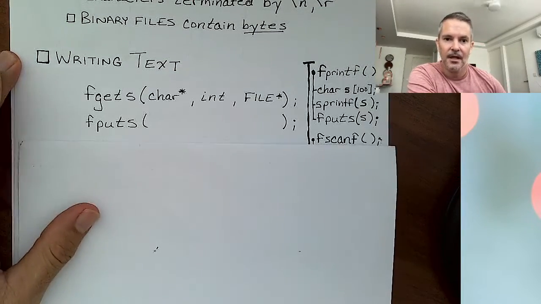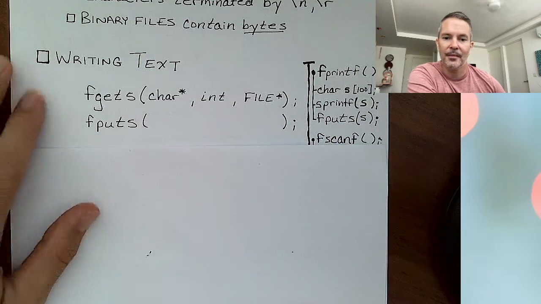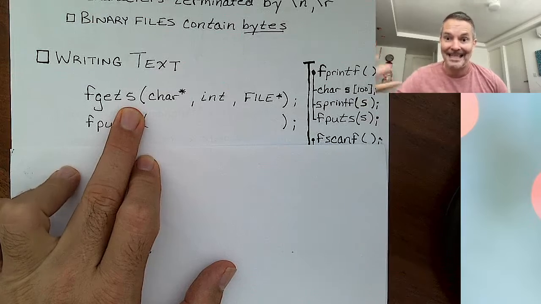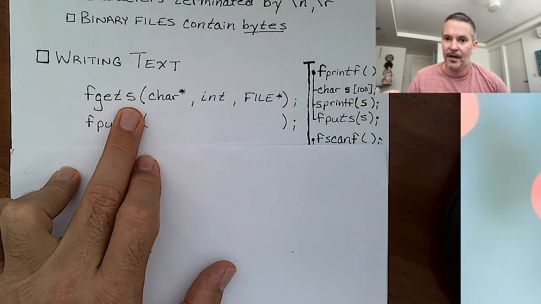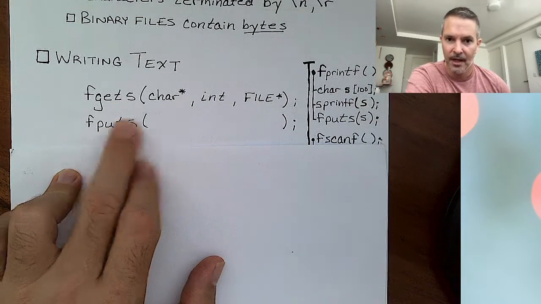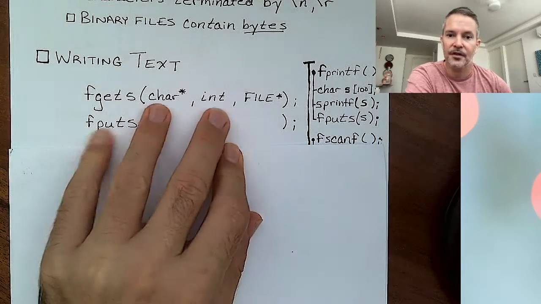All right, so let's talk about the functions that you're going to use to write text to a file. The most popular or common functions you'll be using are fgets to get a string out of a file, and fputs to put a string into a file. We've already learned about how these functions work.